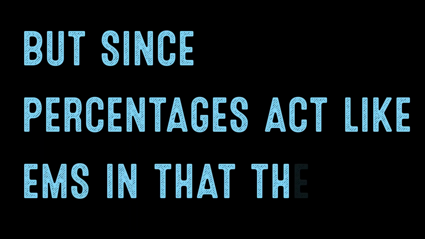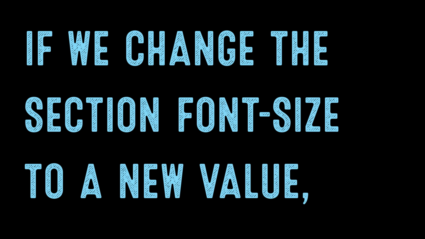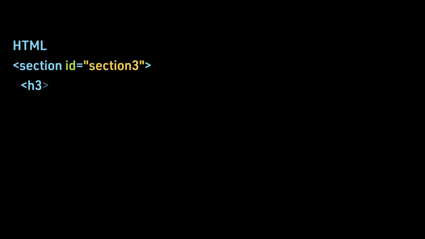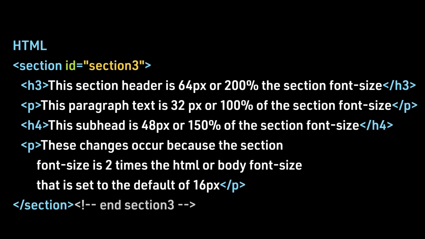But since percentages act like ems in that they cascade or are relative to the parent element, if we change the section font size to a new value, this affects our results. So let's look at an example. In section 3, we now have an H3 heading that will now be 64 pixels or 200% of the section font size.